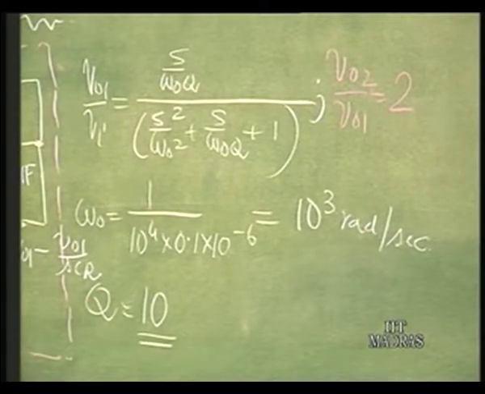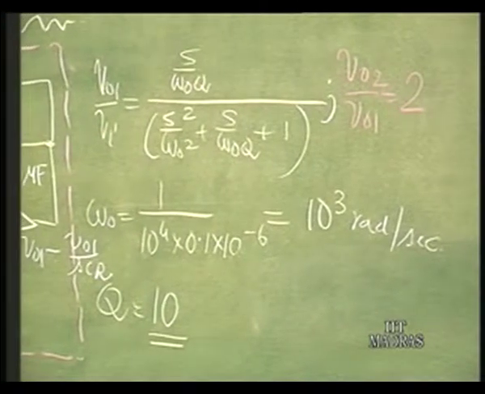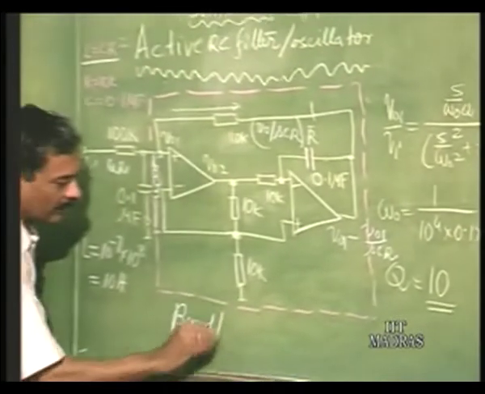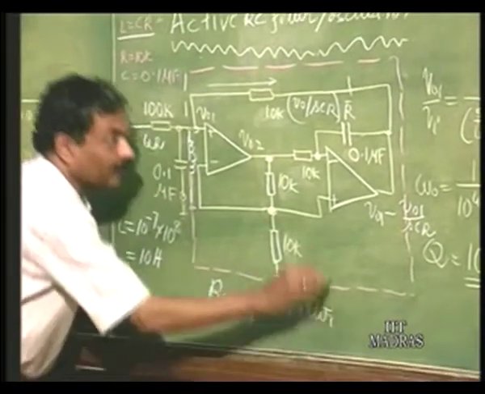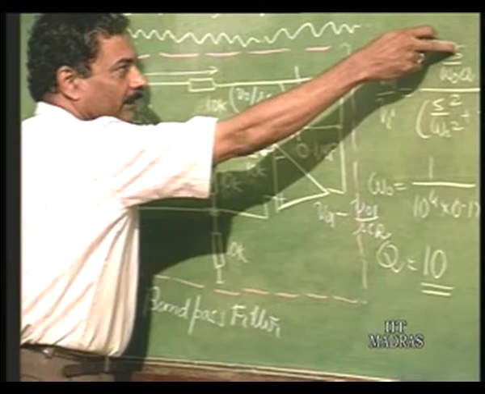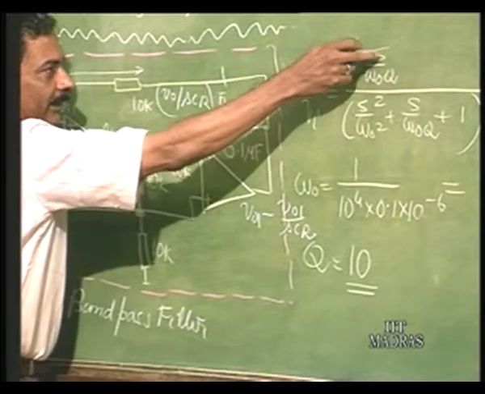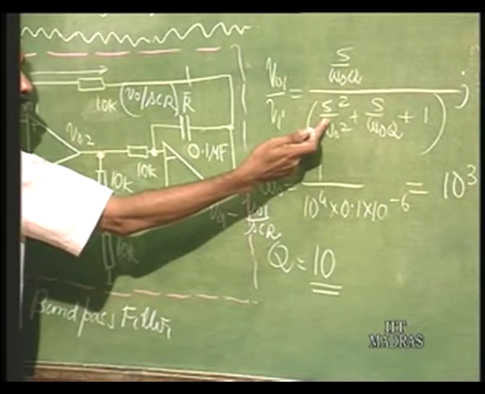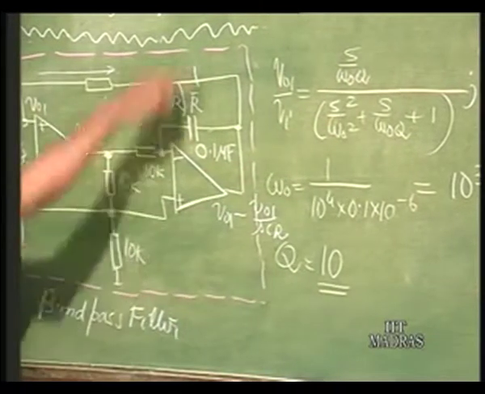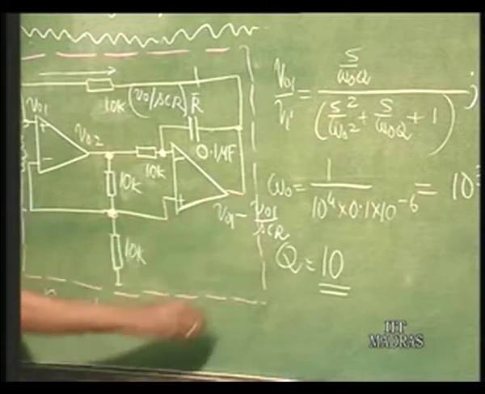So, this is going to be a band pass filter, because of S coming in the numerator. At omega equal to 0, it is 0, at omega equal to infinity, it is 0 because of the double pole here. So, there is a frequency omega naught at which it will peak.